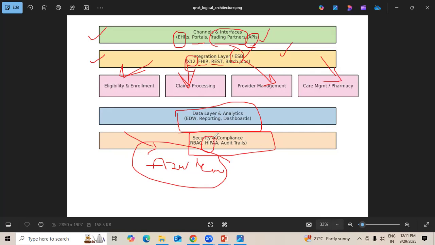These are the essential set of services that we have, and all of them will be part of this logical architecture when we are developing. This part we will discuss in the next session.